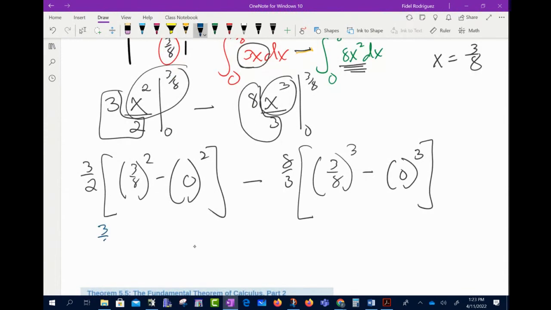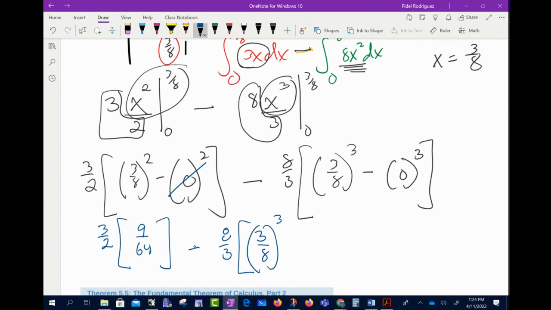So look, that's still, okay. 3 over 8 squared, is that not 9 over 64? Right? 0 squared goes away. Minus 8/3, 3 to the third over 8 to the third is, I don't know.